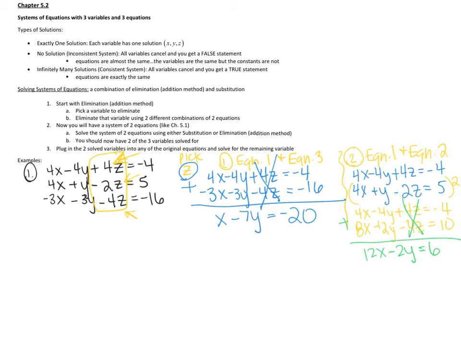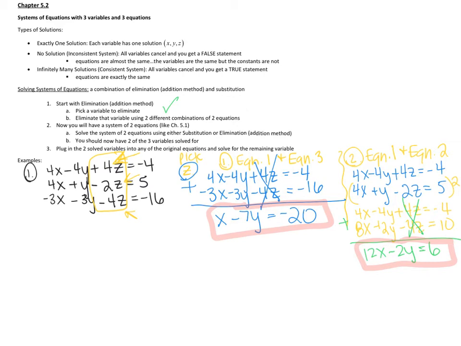All right, so at this point, I now have completed that first step. Okay, I've narrowed it down to 2 equations with 2 variables. So I have my equation x minus 7y equals negative 20 and my equation 12x minus 2y equals 6.